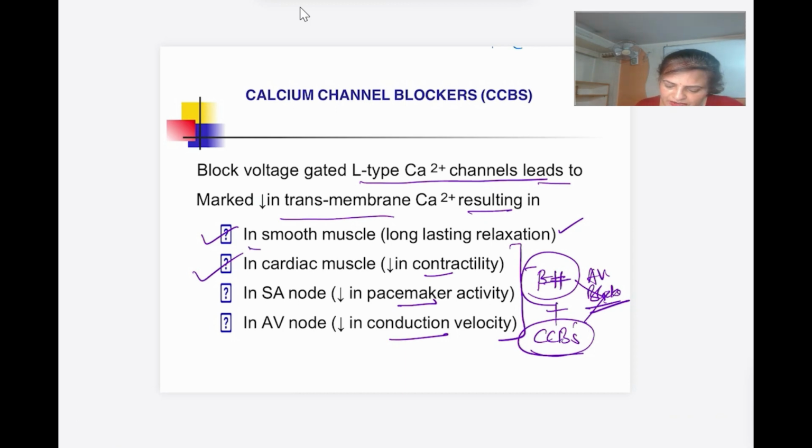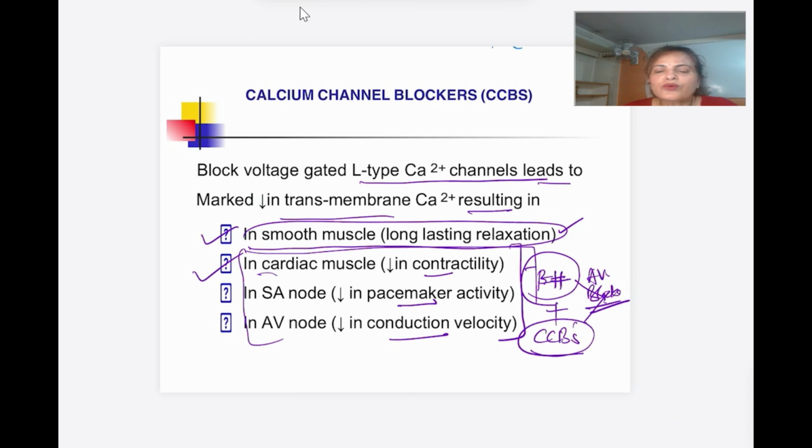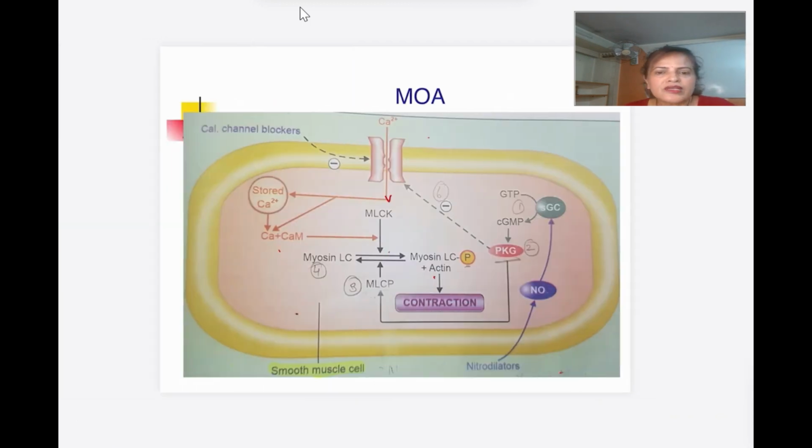Now, what is the mechanism of action in the smooth muscle and in the cardiac muscle? So how is it going to cause the relaxation of the smooth muscle? Again I have taken this diagram from the tripartite; the same diagram I used to make you understand the mechanism of action of the nitrate. Here, how does the smooth muscle contract? The calcium enters through this voltage gated L type calcium channel.